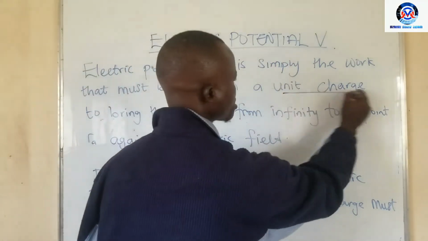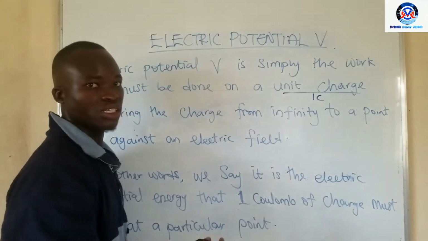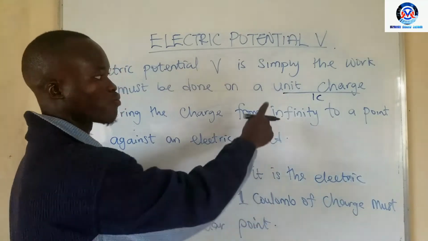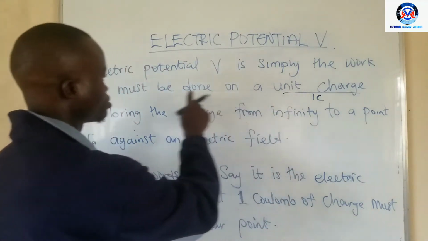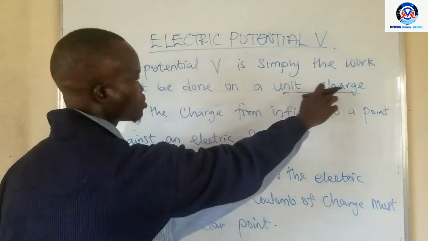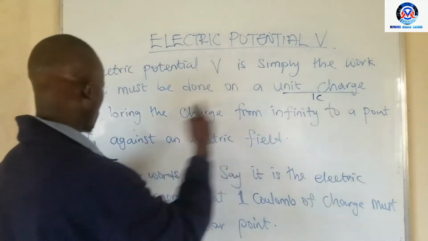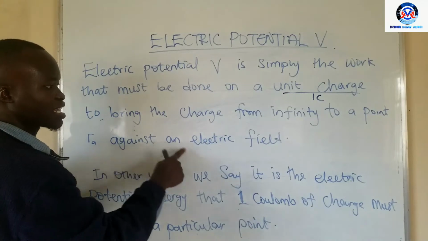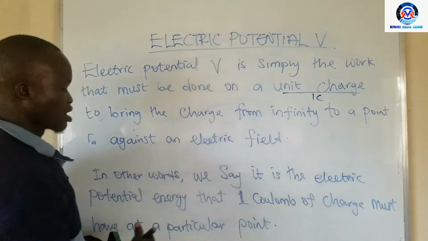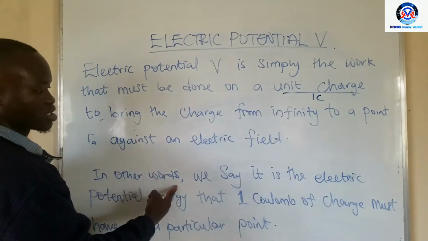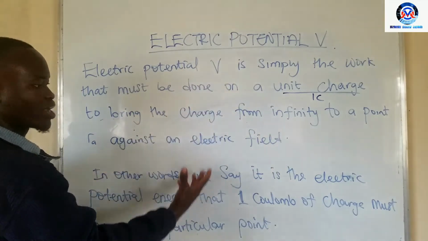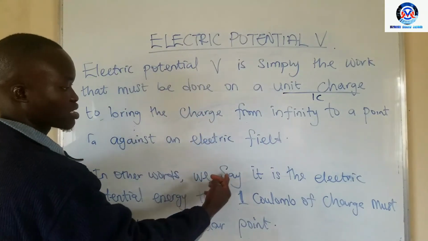Unit charge means one coulomb of charge, a charge that has the magnitude of one coulomb. The work that must be done on a unit charge to bring the charge from infinity to a point A against an electric field.